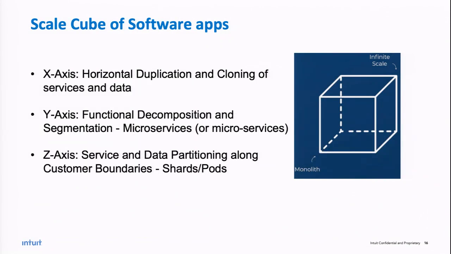The z-axis, let's say, is about sharding the data, or you can split the web server itself into multiple. Pods are basically Linux entities, small kernels. Have you heard about Kubernetes? Okay, so basically these are Linux containers.